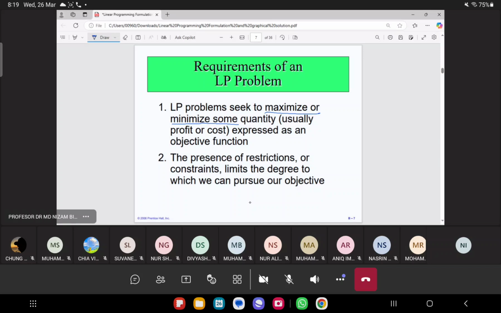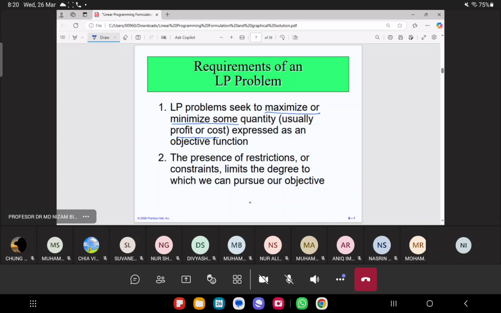And usually this is profit or cost, expressed in an objective function. So the first thing you need to do to develop a linear programming model is come up with the objective function. An objective function is a mathematical expression to maximize or minimize some quantity, usually profit or cost.